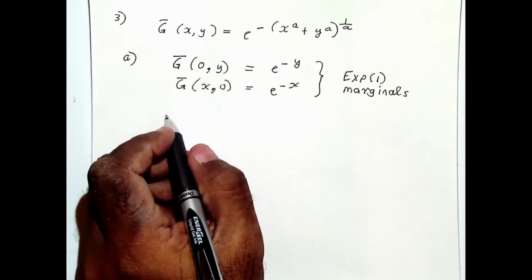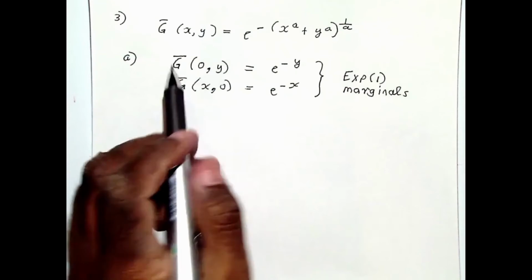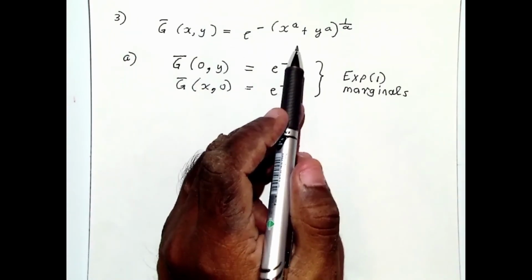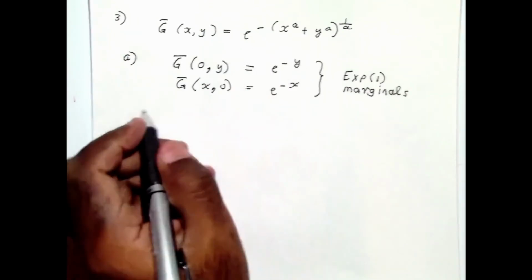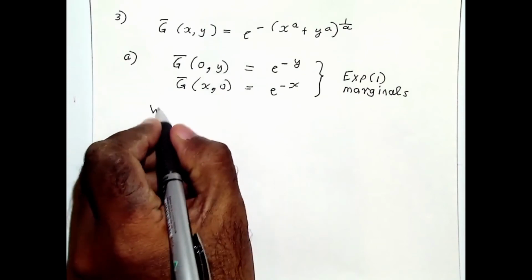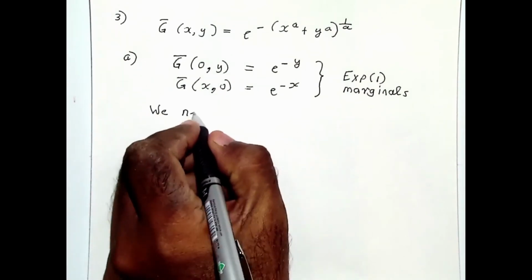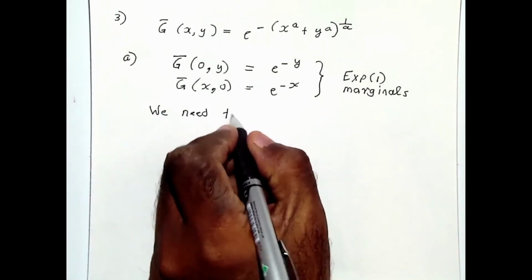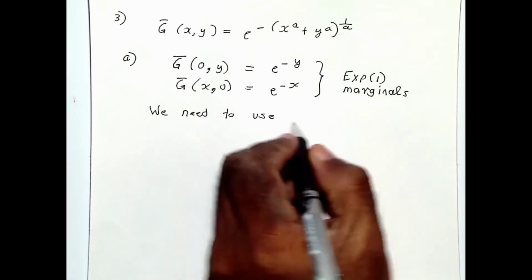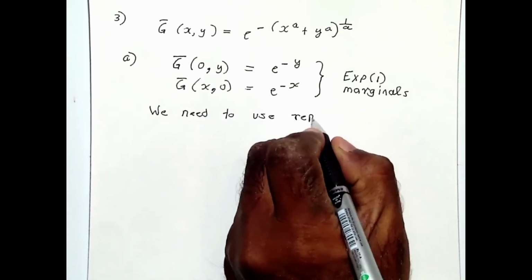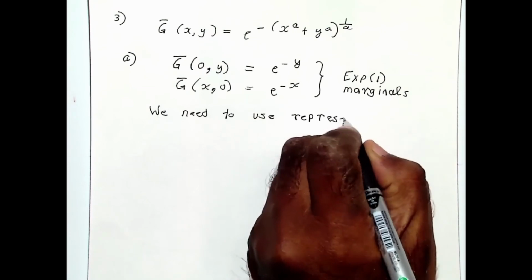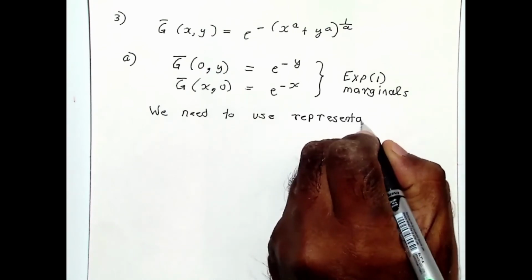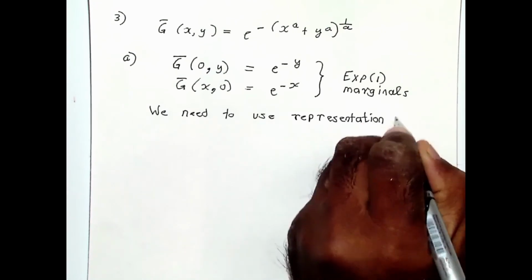So what that tells you is that we need to show that this takes the form of representation 4. So we need to use representation 4.